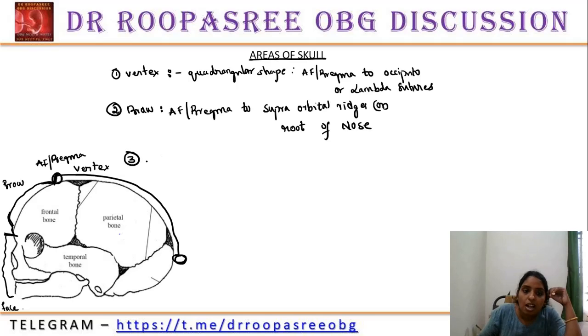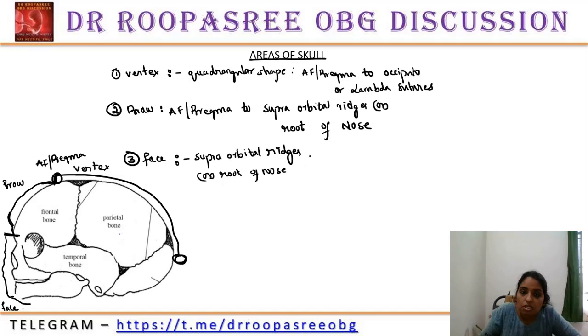Third one, the face. It extends from the supraorbital ridges or root of nose to the junction of the floor of the mouth and neck. These are the three important areas of the skull.